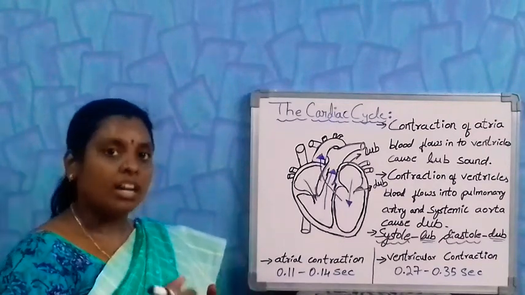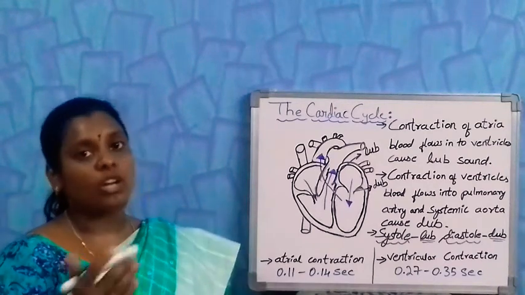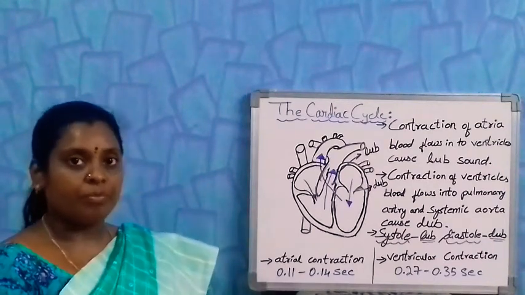You know that the arteries supply oxygenated blood and veins supply deoxygenated blood.